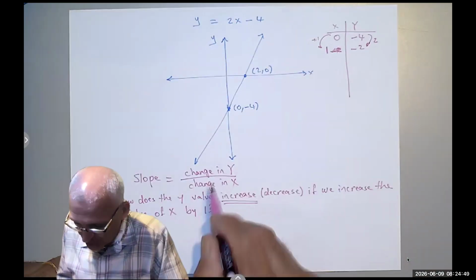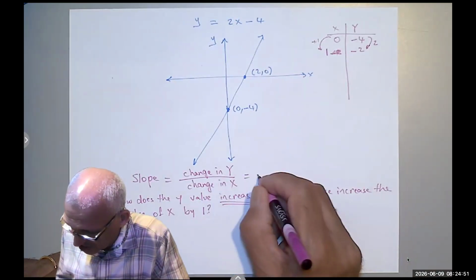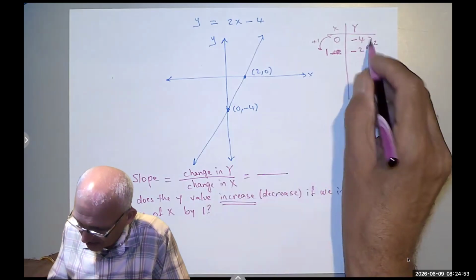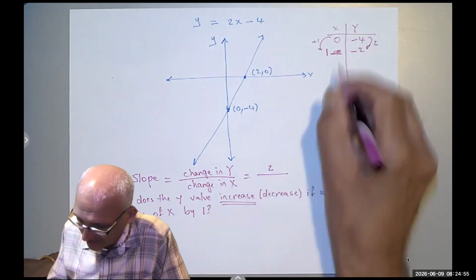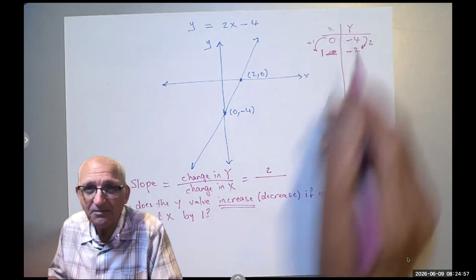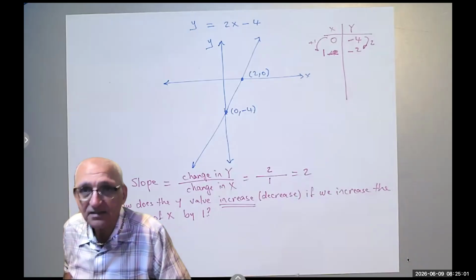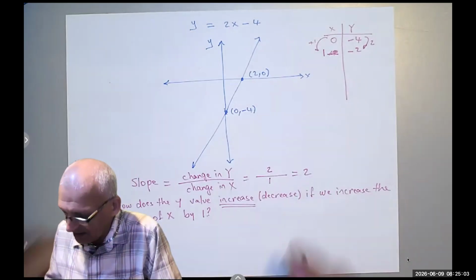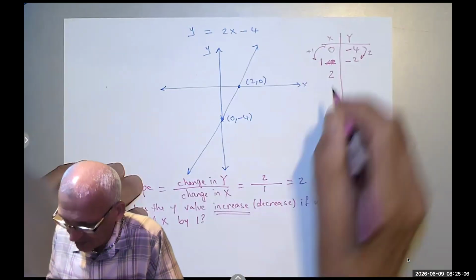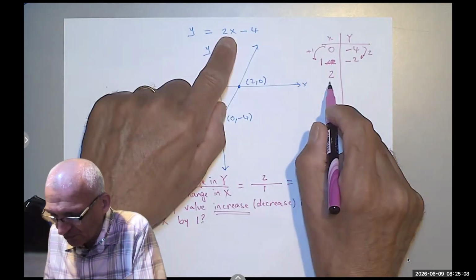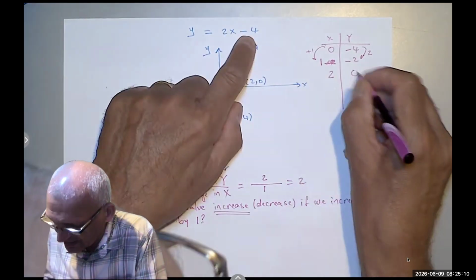So I say the slope is the change in y, which increased by 2, divided by the change in x, which I made easy by making that 1. So I get a 2. If I make x is 2, 2 times 2 is 4, minus 4 is 0, so I get 0.